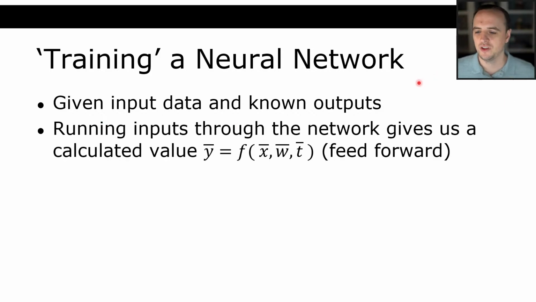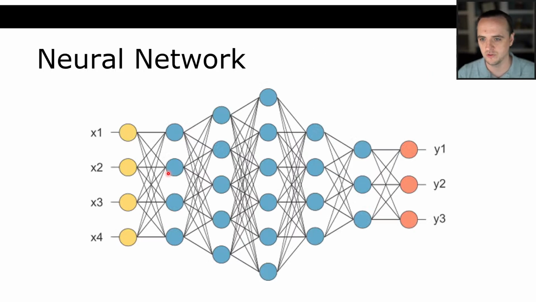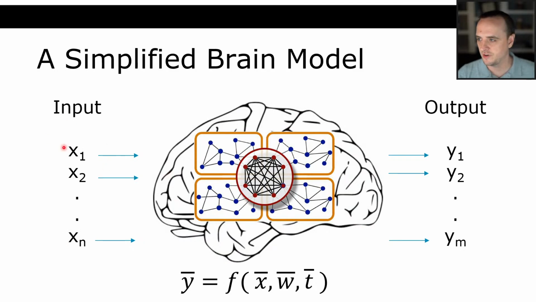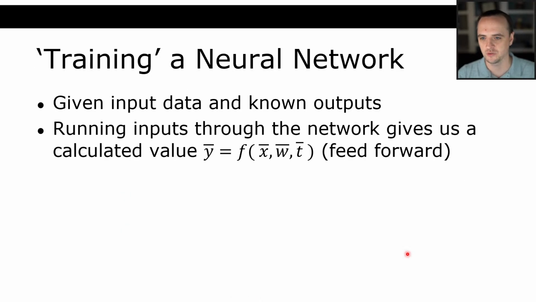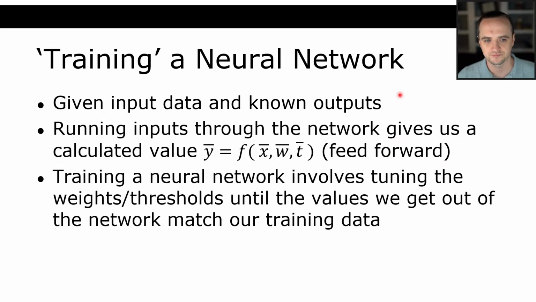So running the inputs through the network gives us a calculated value, right? We've got some input vector, and we've got y, which is our output vector as a function of those things. This is called feeding forward. So we give inputs to the neural network, they run through it, and you get an output.